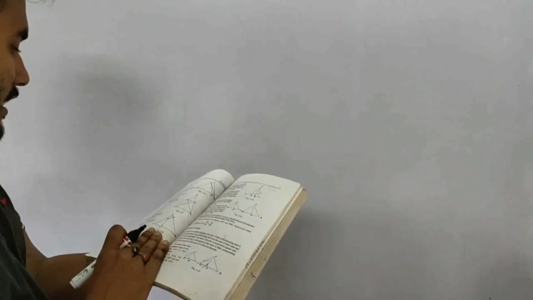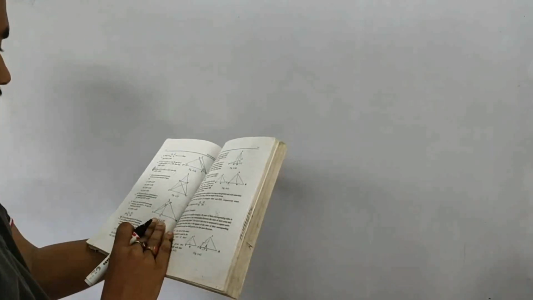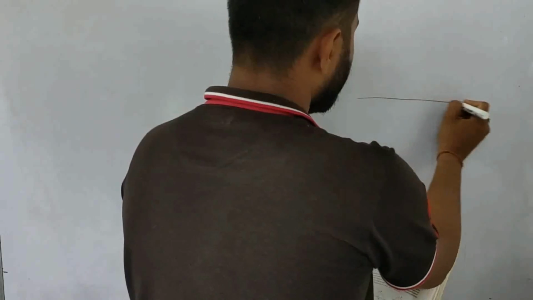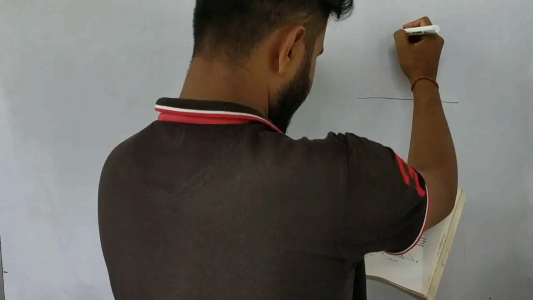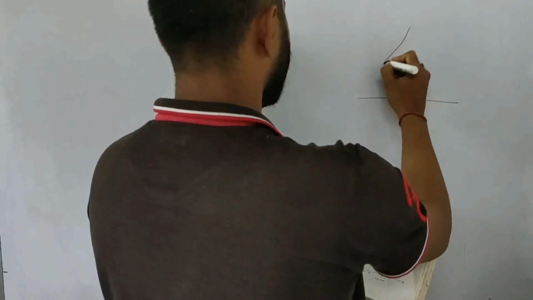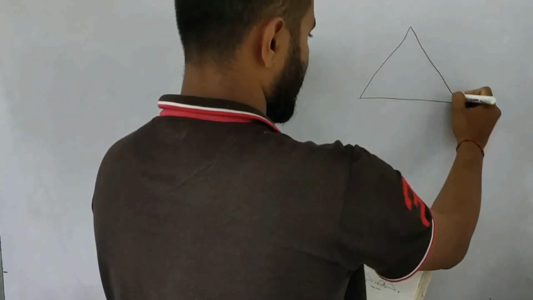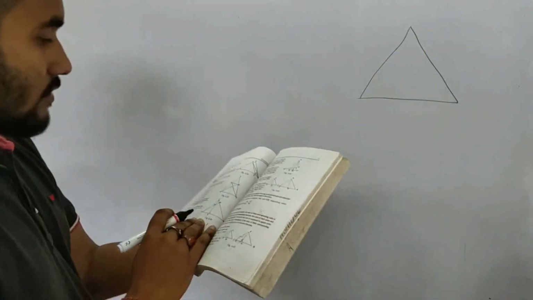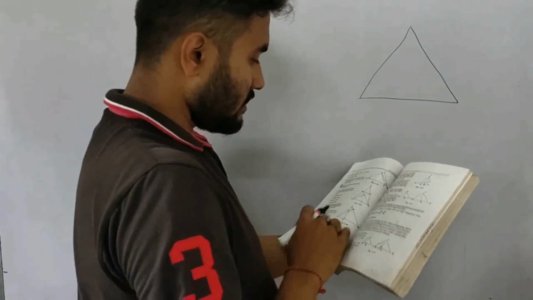First draw the diagram. The diagram is given in figure 6.38. So this is the triangle, and this is the triangle, CE.